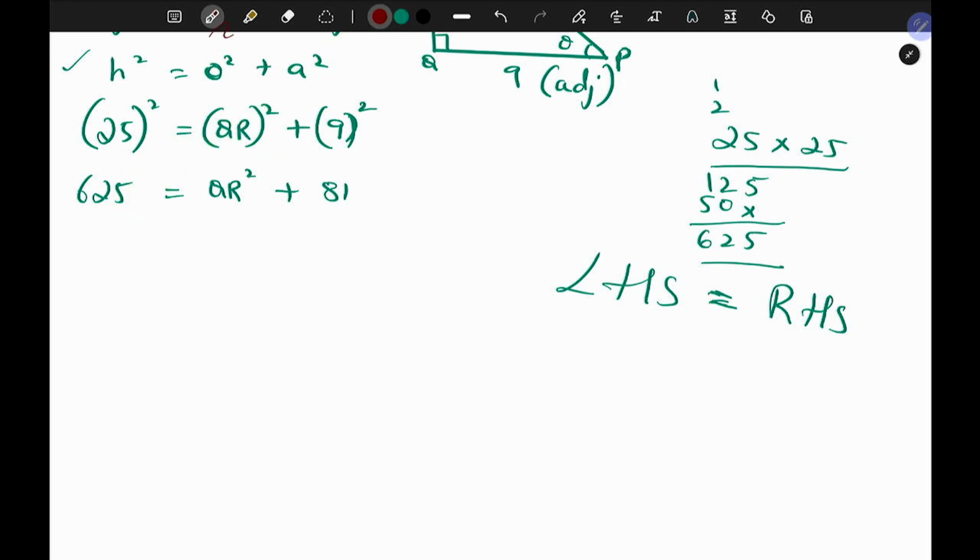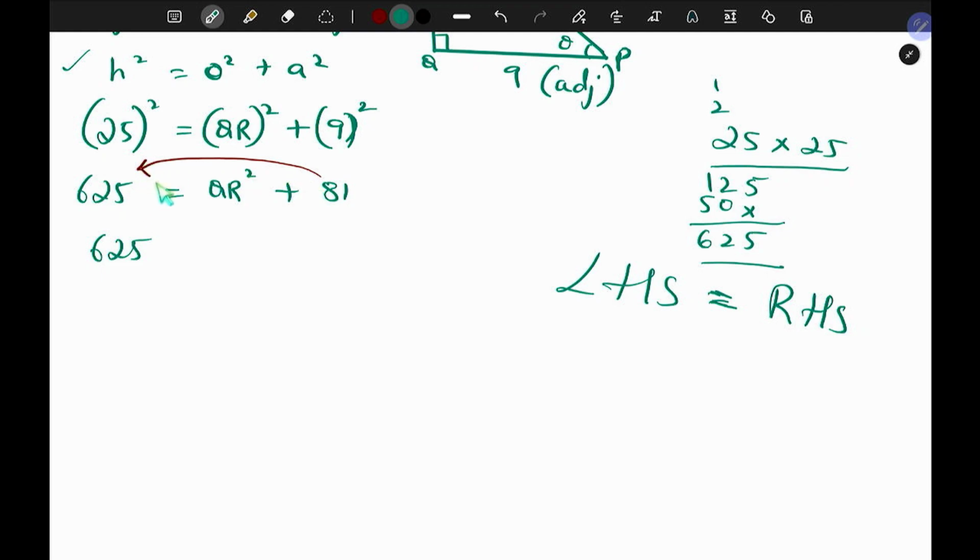Whenever a term is shifted to the left hand side, its sign is changed: plus becomes minus and minus becomes plus. So plus 81 is shifted to the left hand side and becomes minus, and we have 625 minus 81.